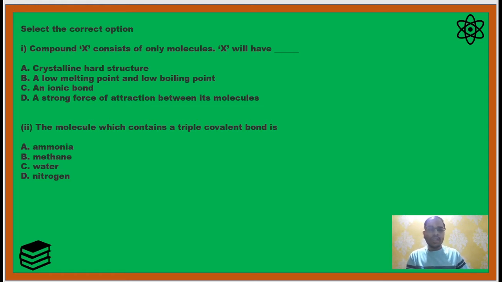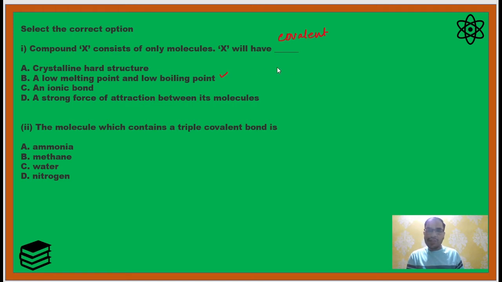So the only option you are left with is option B, which is a low melting point and a low boiling point, because your X will be covalent, and the property of a covalent compound is that it has a low melting and boiling point. So you need to mark this.